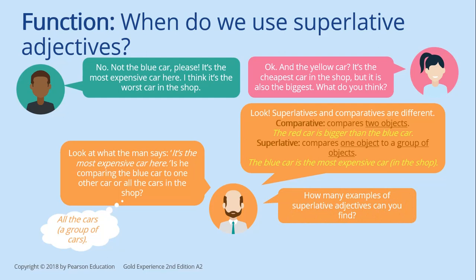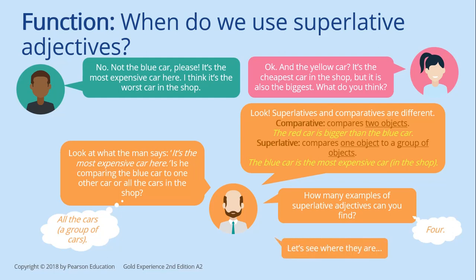How many examples of superlative adjectives can you find? There are 4. The most expensive, the worst, the cheapest, and the biggest.